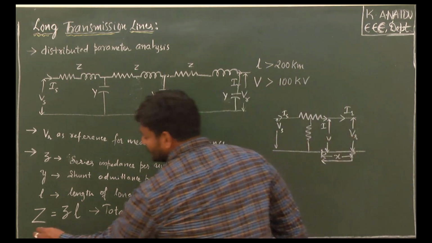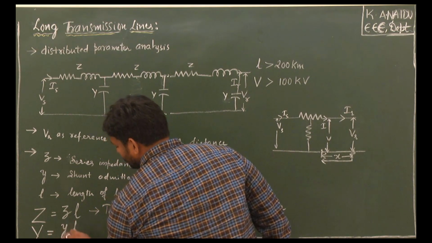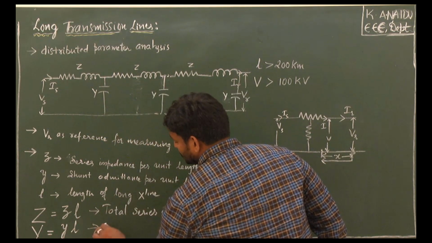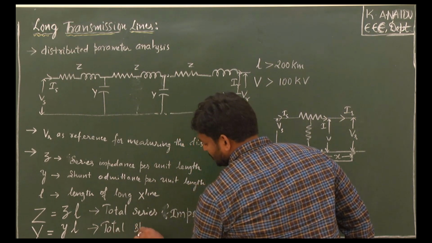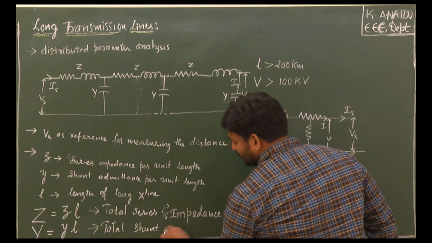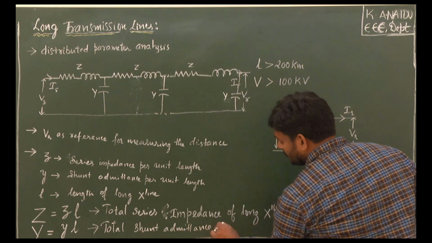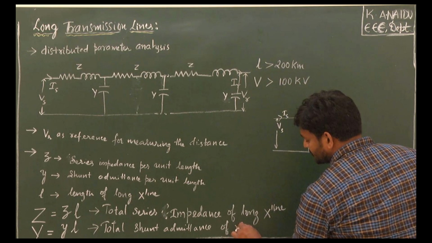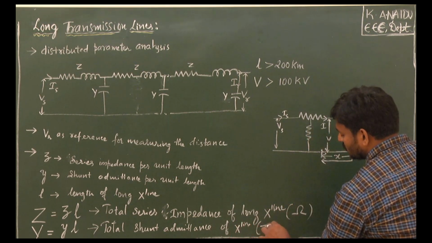And capital Y is small y into L, the total shunt admittance of the transmission line. So this will be in ohms, this will be in mhos.